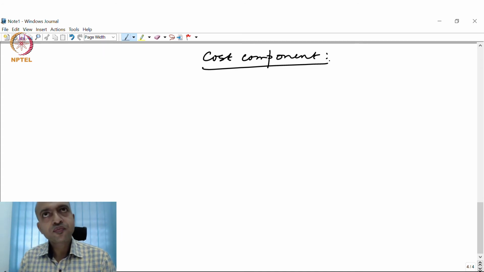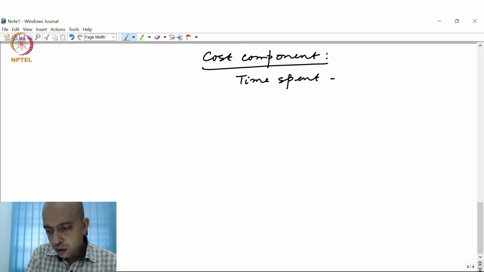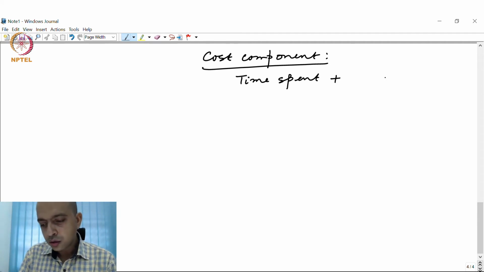Cost is basically the time spent, how much time you need to travel to that place, plus travel cost.